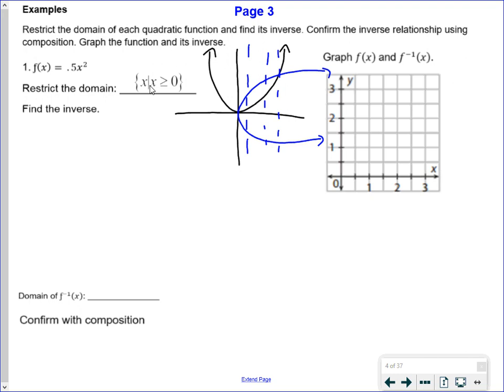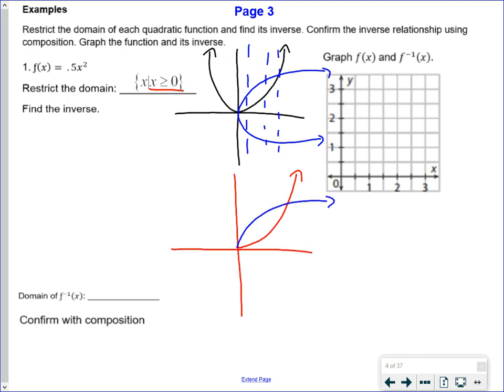So to make sure that it actually works, we're going to restrict our domain. Here we're going to be restricting it with x greater than or equal to 0. So instead of drawing a whole quadratic, we're only going to draw half of it, one side of it. Because when you do, we end up getting a function like this.